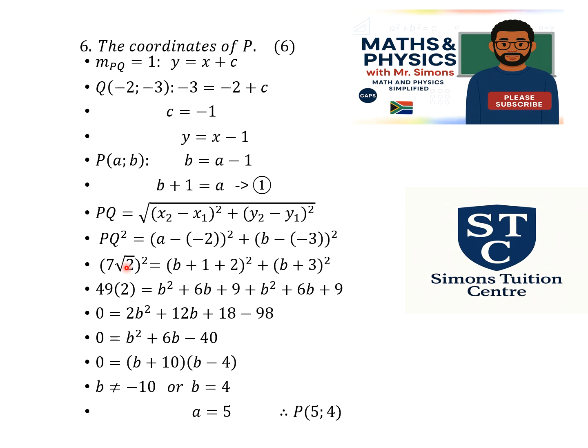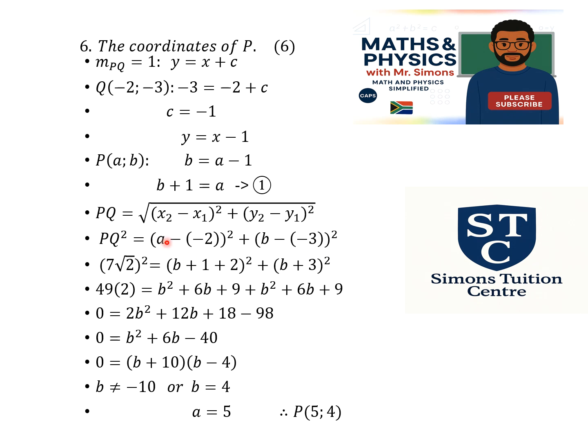Right, because I have the length of PQ, I'm going to use the distance formula. It states PQ equals the square root of (x2 minus x1) squared plus (y2 minus y1) squared. If I square both sides, I can get rid of the square root, so PQ squared equals, in the place of x2, (a minus minus 2), and (p minus minus 3) squared.